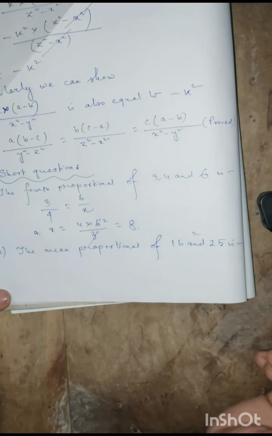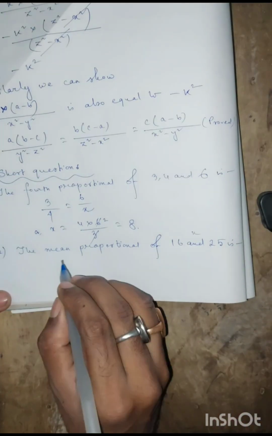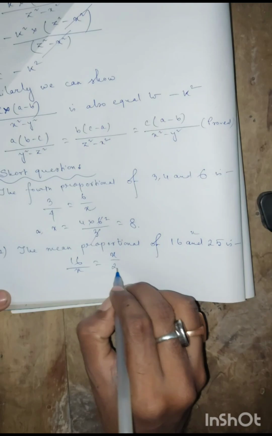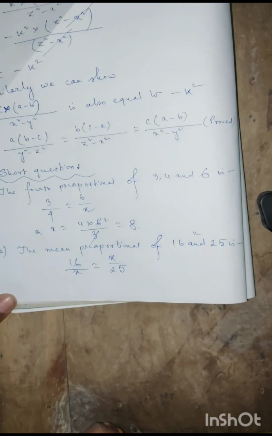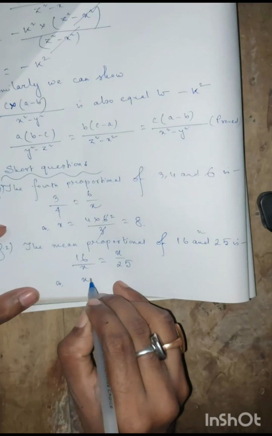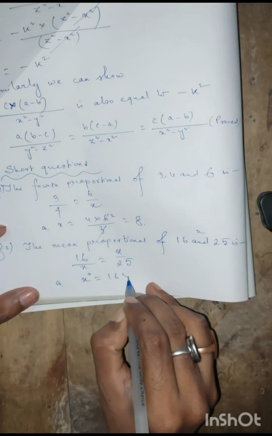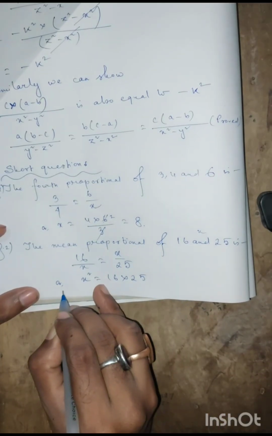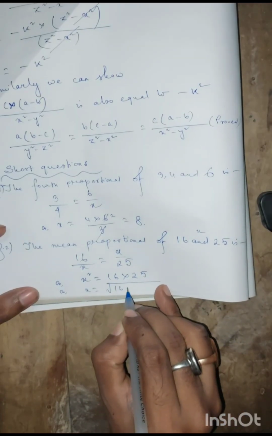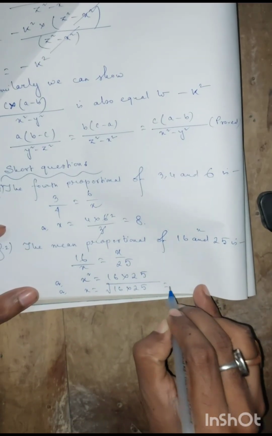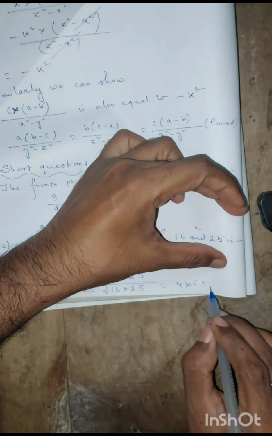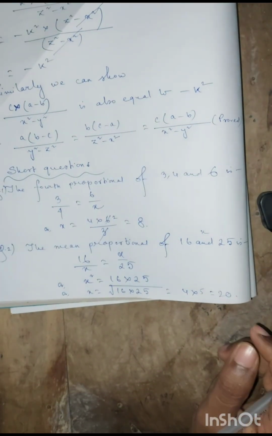If the mean proportional is x, then we can write 16/x is equal to x/25. Or we can say x square is equal to 16 into 25, or x is equal to root over 16 into 25, which is equal to 4 into 5, that is 20. So this is our mean proportional.